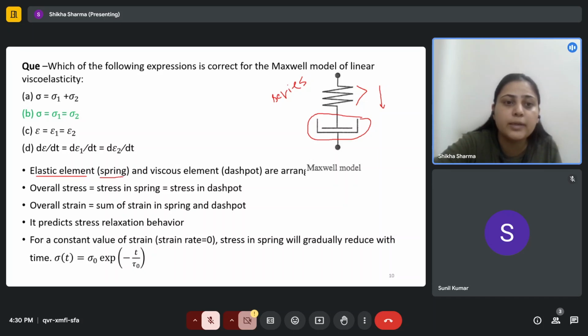The elastic element is expressed in this diagram as a spring, and the viscous element is represented by the dashpot, the bottom one, and they are arranged basically in series.